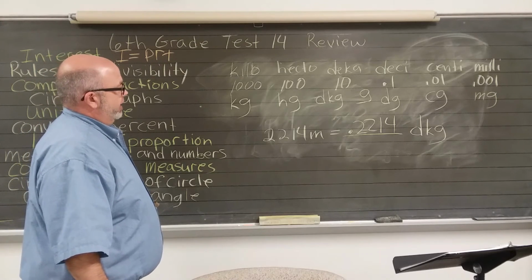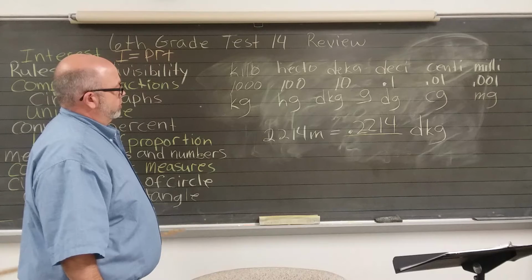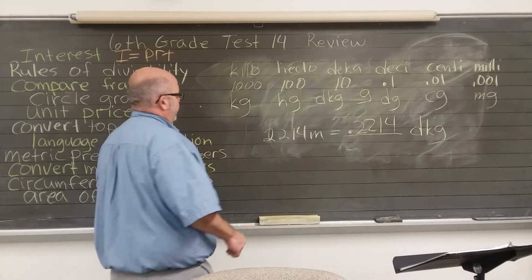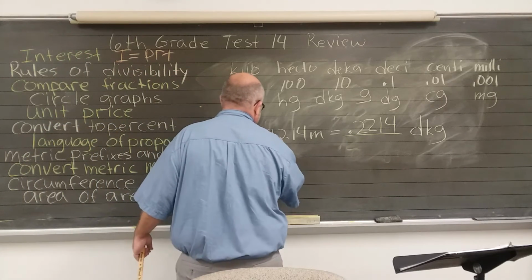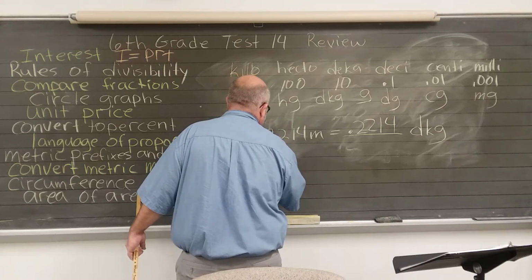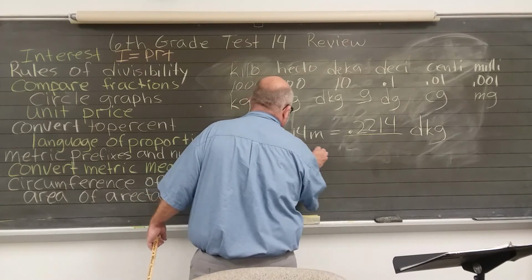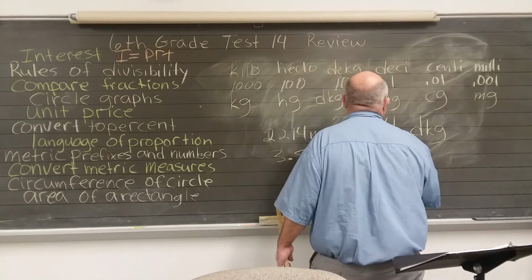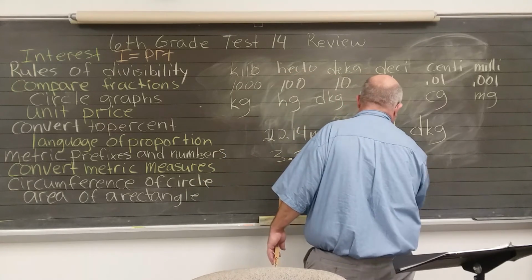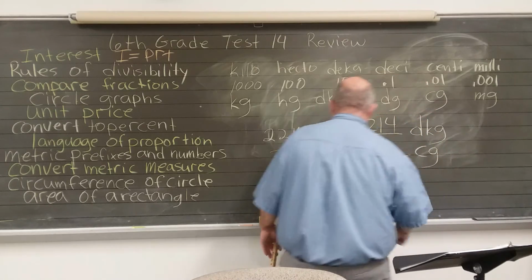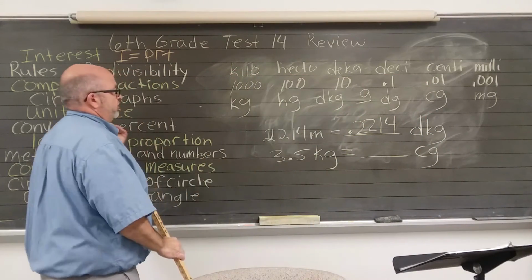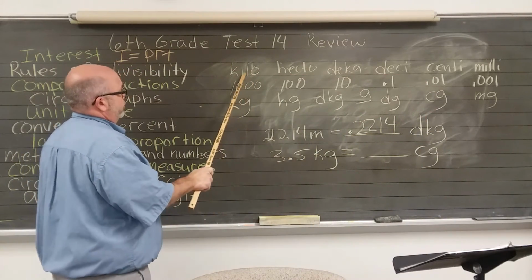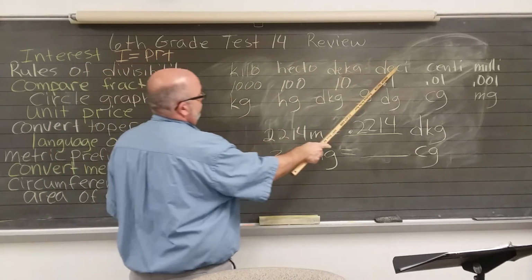Or if you have, let's go the other way. 3.5 kilograms equals how many centigrams? Okay, then you simply go, so there's your decimal. You start here, 1, 2, 3, 4.